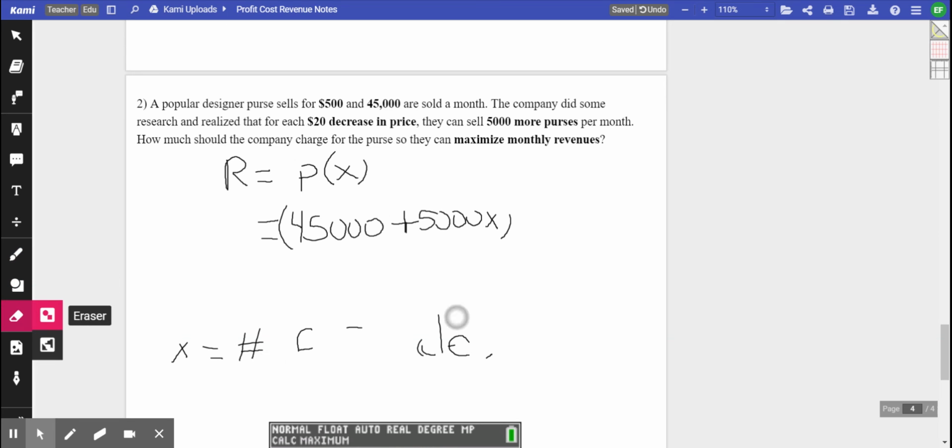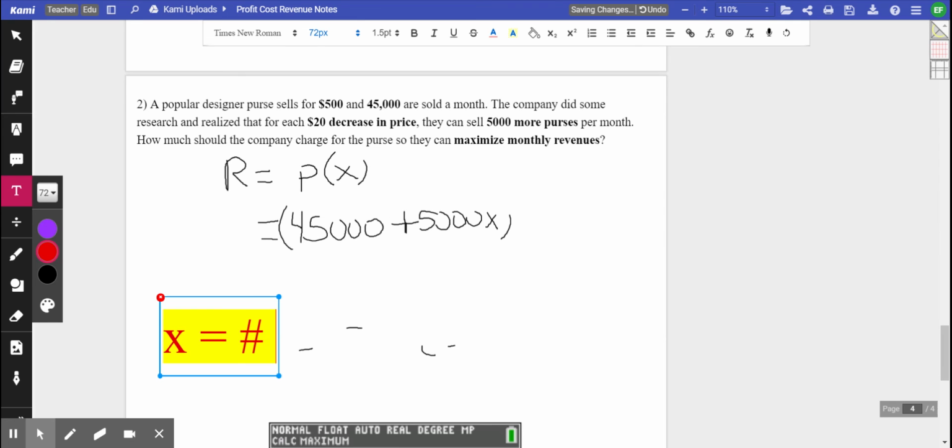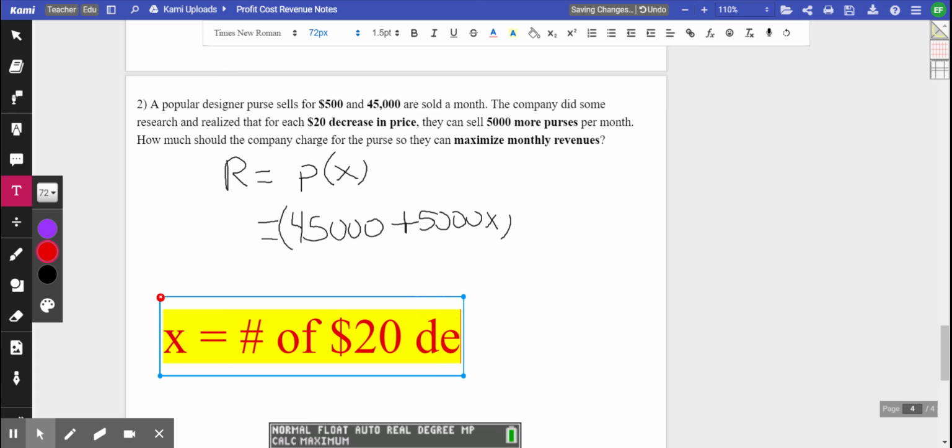My number of $20 decreases. From there, we could look at our price, and we could write a separate function for that. All right, so let's talk about our price now.